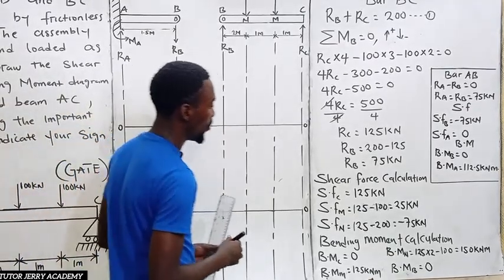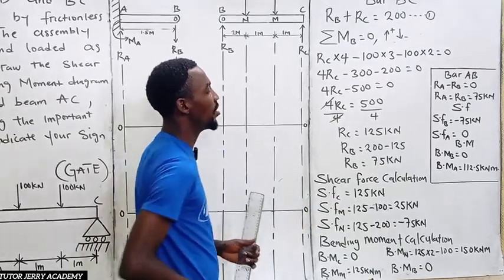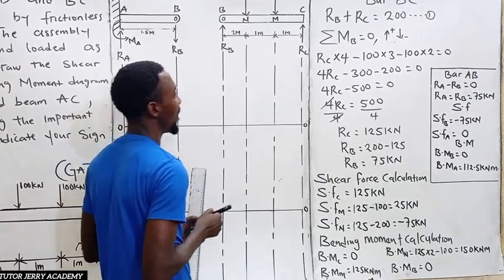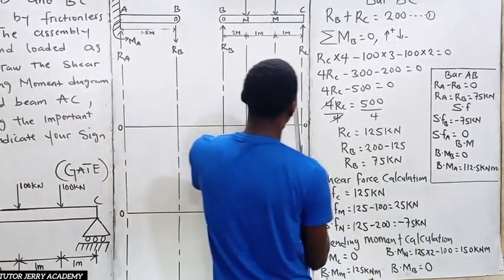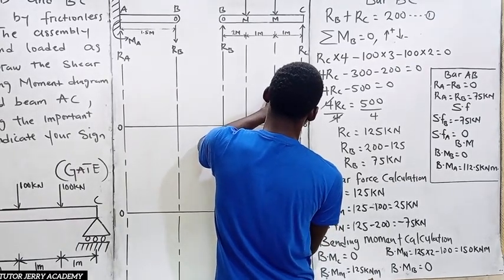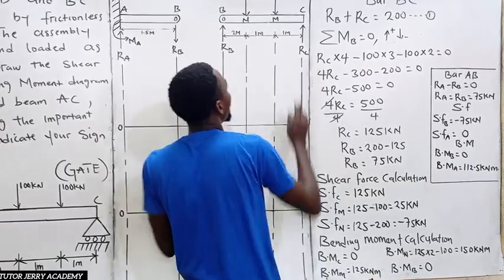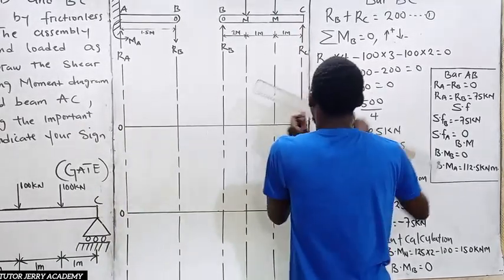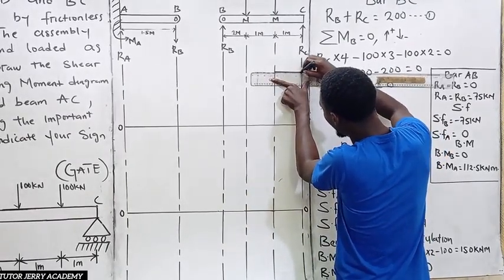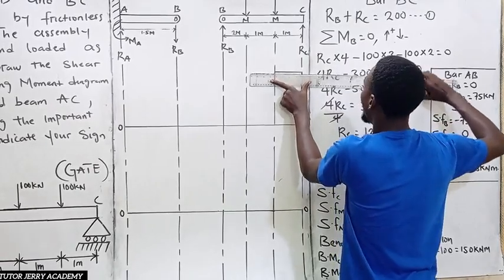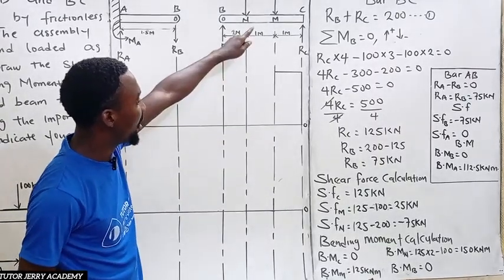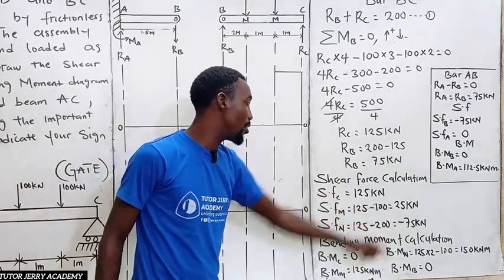So let's go for bar BC. The shear force at point C is 125. So this is 0, and we can move to 125. Let's just assume that this whole length here is our 125. Between C and M, we don't have any force, so this line is going to be constant. The shear force at point M is 25.